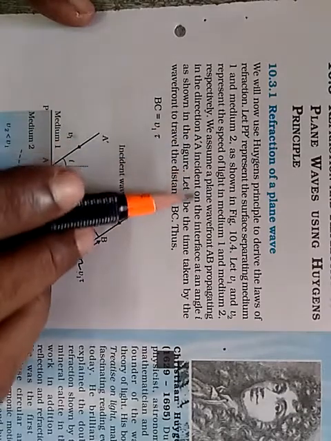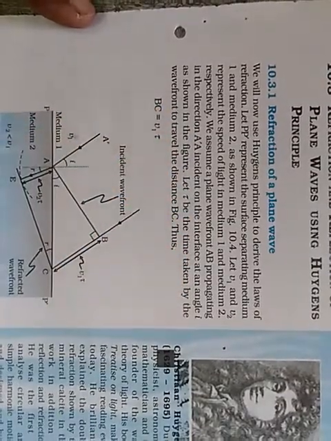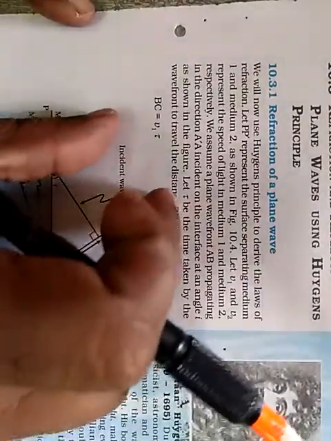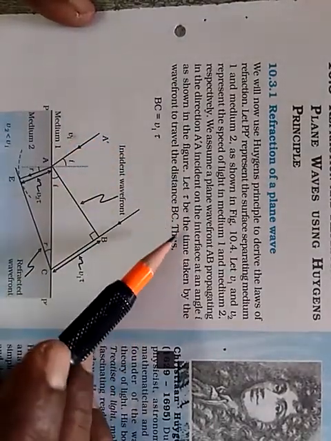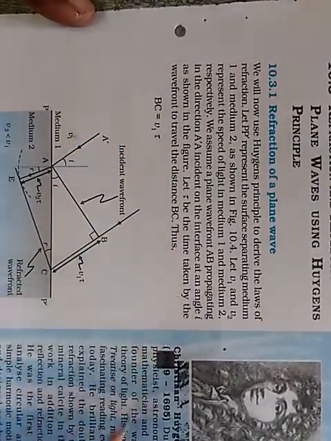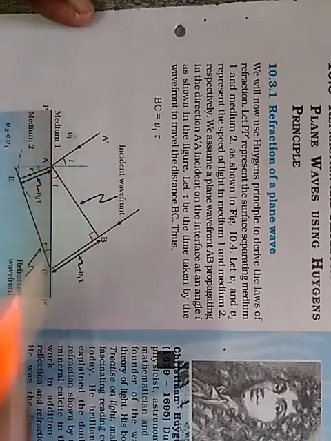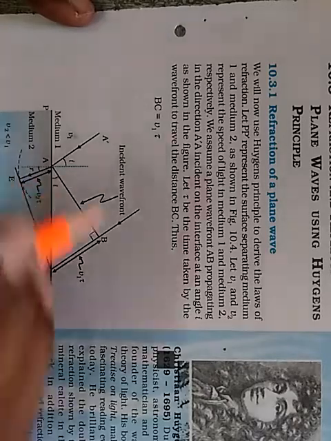See, we assume a plane wavefront AB propagating in the direction A-A. So the wavefront is incident on the interface at an angle I. So this is angle I, it is measured with respect to the normal, as shown in the figure.